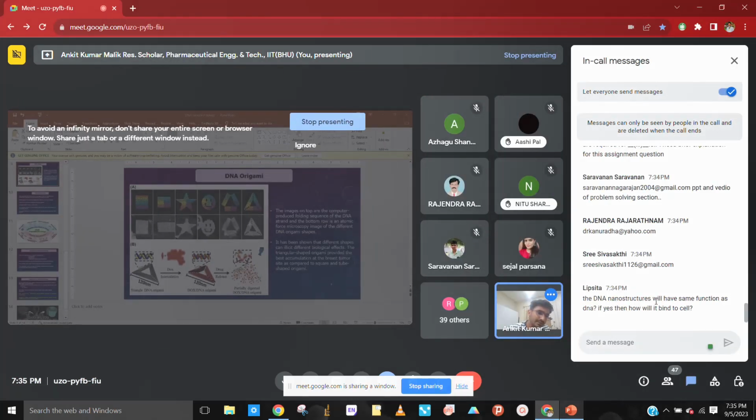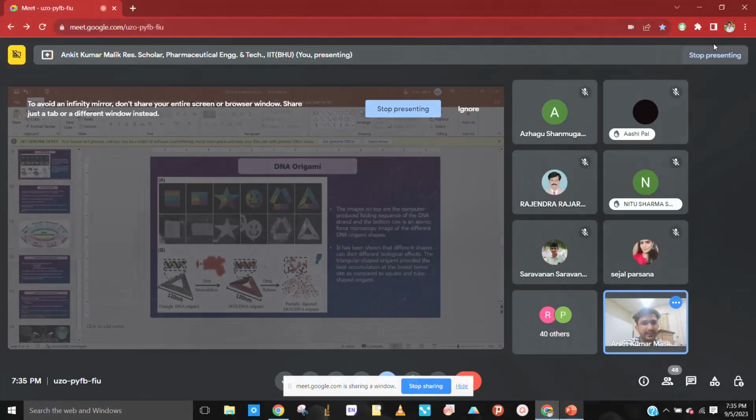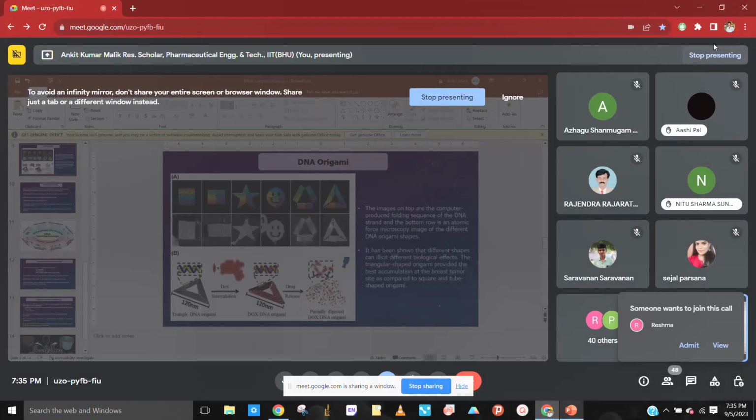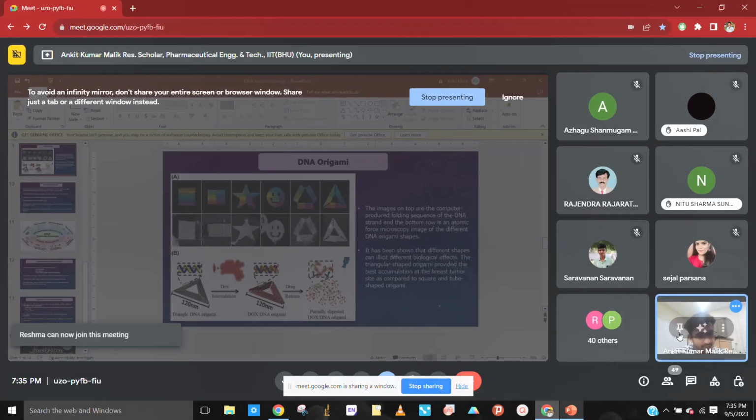The DNA nanostructures will have some same function as DNA. If yes, then how will it bind to cell? Okay. It will not directly go and bind or attach or conjugate to the cell. I told you, the mediator DNA origami will be prepared and developed, then it is conjugated with different drugs, different APIs, active pharmaceutical ingredients, or active metals like silver, gold.